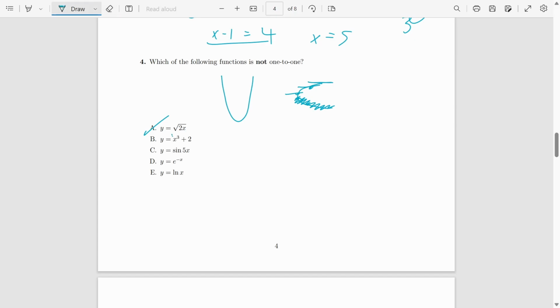What about B, x cubed plus 2? We can really ignore the plus 2, since all that does is move it up 2 units, and that doesn't change its one-to-oneness at all. So x cubed, we know it looks like this, sorry, that's a bad drawing.